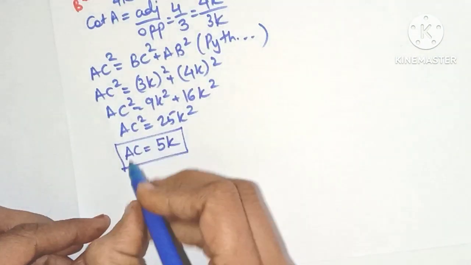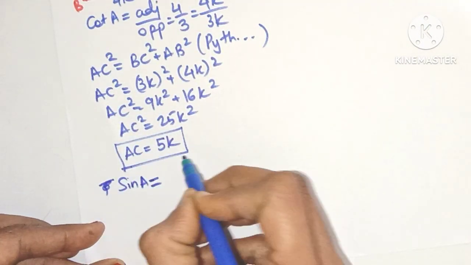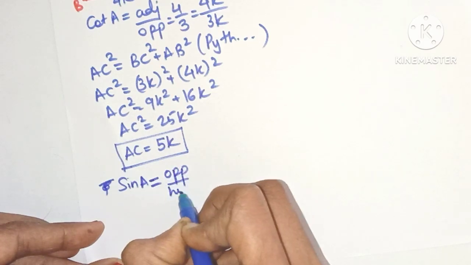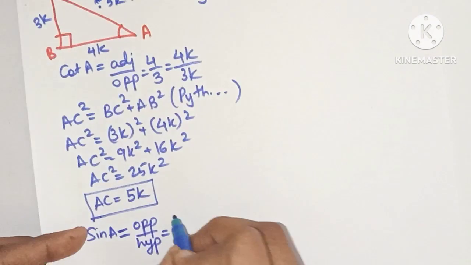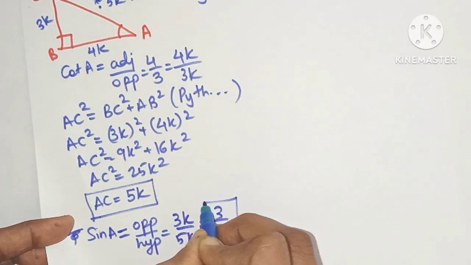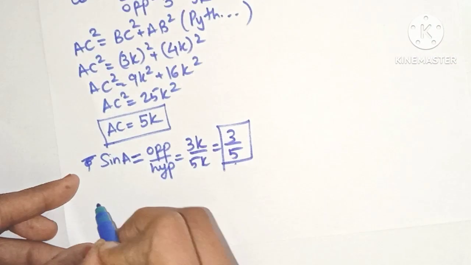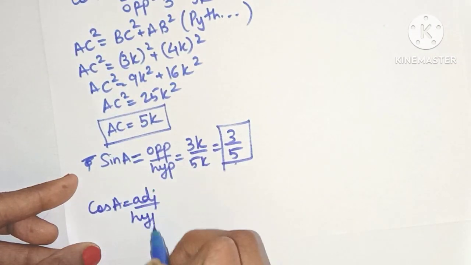So let's quickly find out sin A. Sin A is going to be opposite upon hypotenuse. So for this the opposite is 3k. Hypotenuse is 5k. So 3 by 5 is sin A, and cos A is adjacent upon hypotenuse.